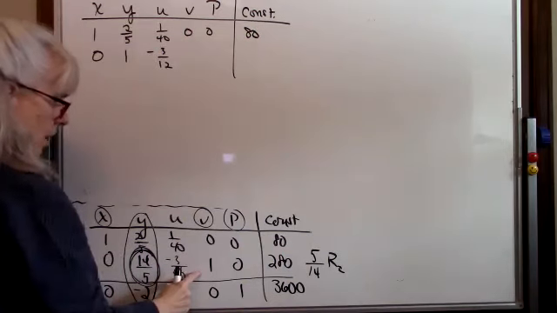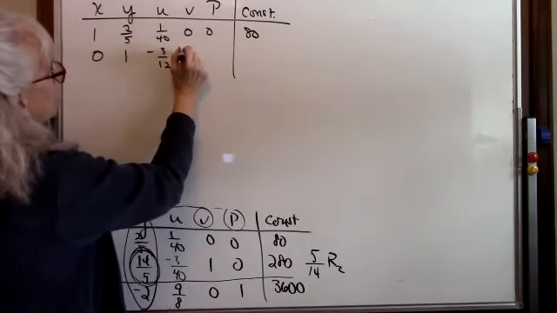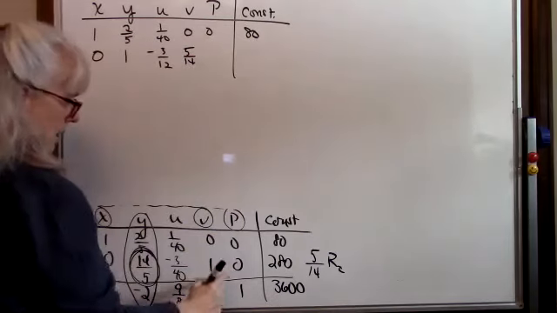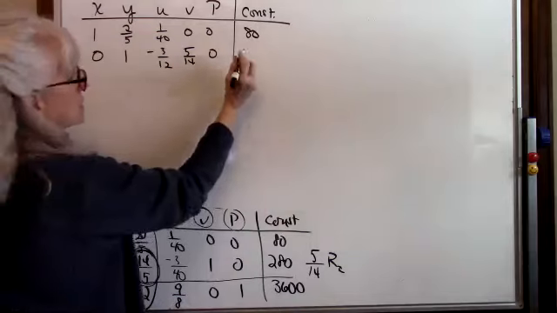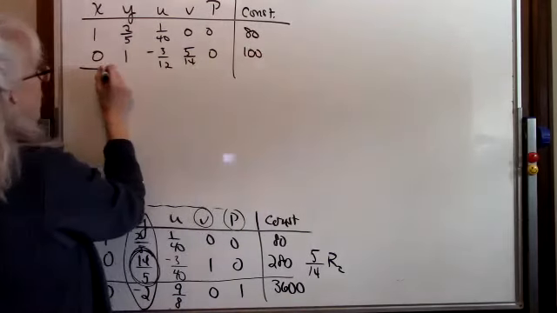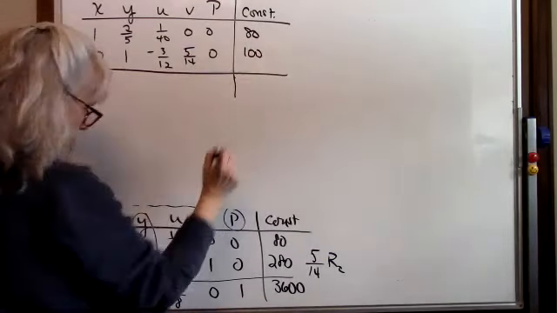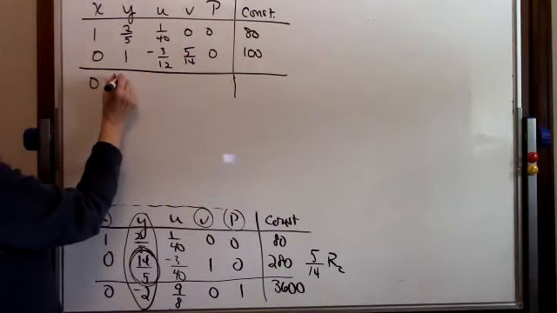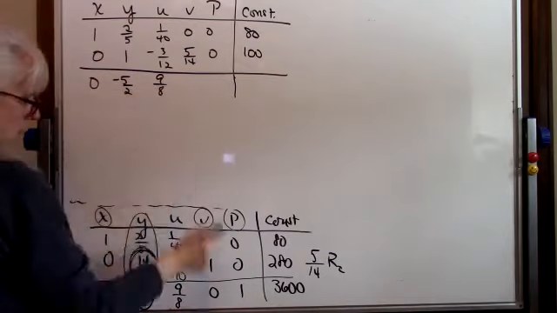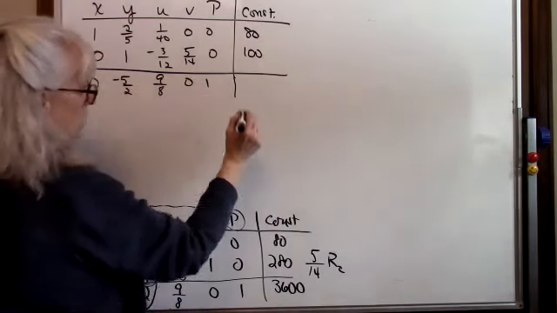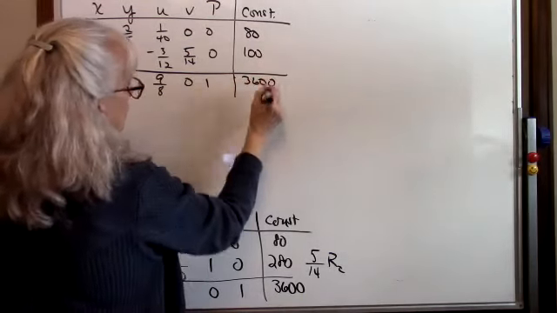We then have 5/14 times the 1, so 5/14. Then we have 0 times anything. 280 times that 5/14 gives us 100. And we'll copy over the bottom row because we did not manipulate it. So 0, negative 5/2, 9/8, 0, 1, and 3,600. Whew.